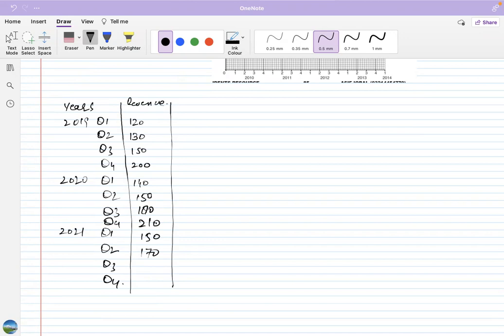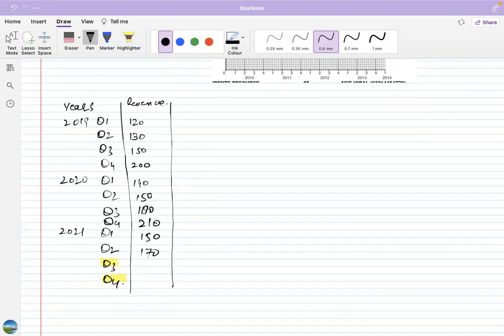The first column is about years: 2019, quarter 1, quarter 2, quarter 3, quarter 4, then 2020, quarter 1, quarter 2, quarter 3, quarter 4, and similarly 2021. The second column that will be given to us will be revenue. The revenue is in front of you, 120, 130, 150, and so on. The last 2 values of 2021 are not given. You can see that.